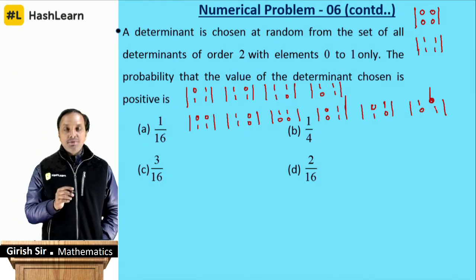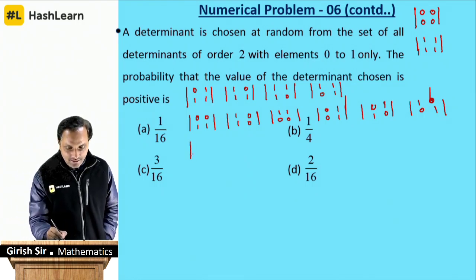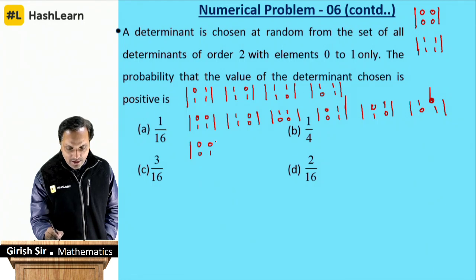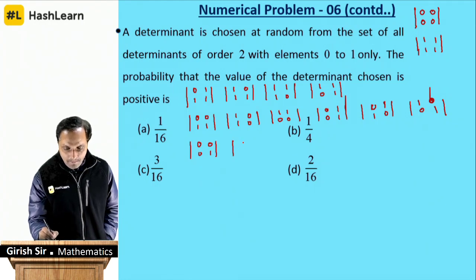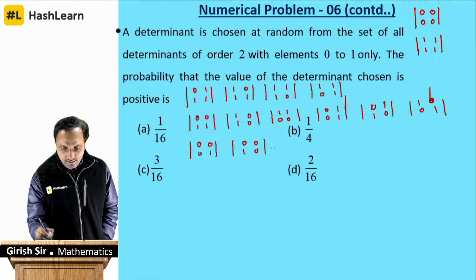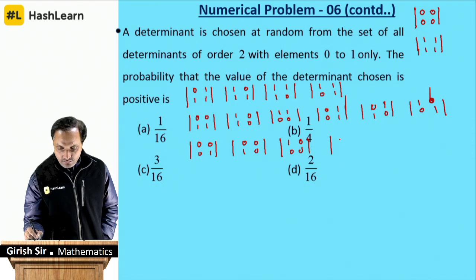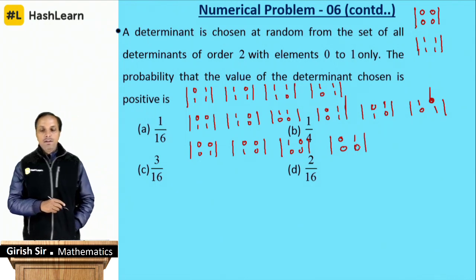Now I am going to use next 3 zeros and 1 one.